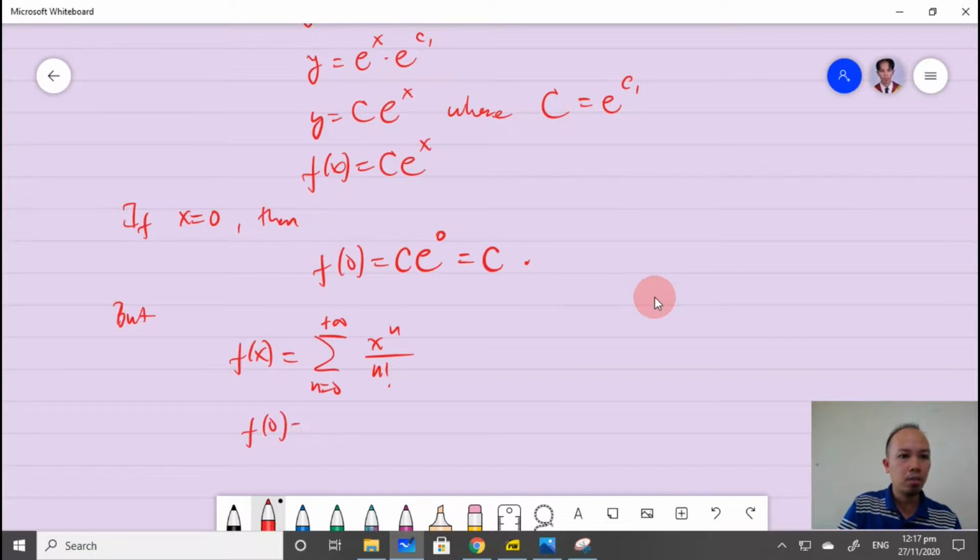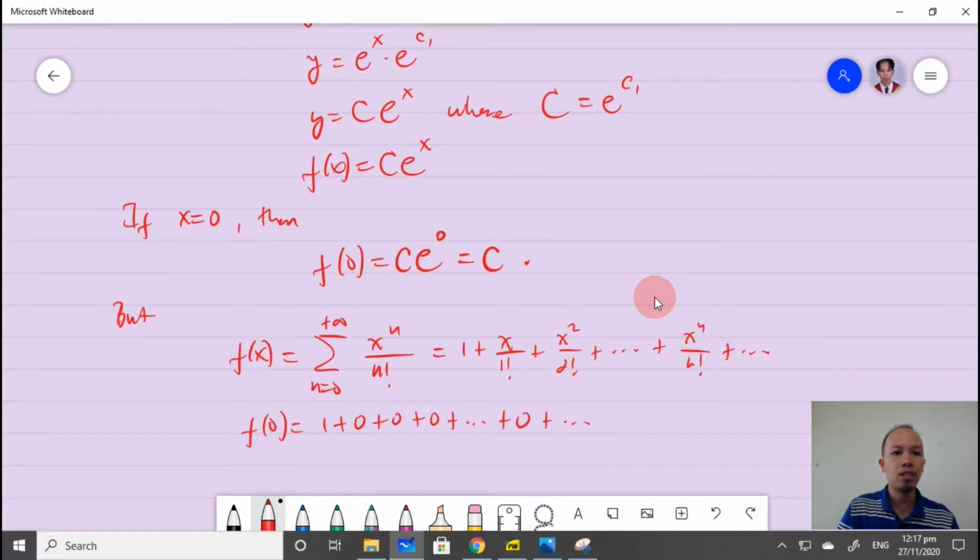If we expand, this is 1 plus x over 1 factorial plus x squared over 2 factorial, and so on and so forth, x to the n over n factorial. So if you substitute 0, this is 1 plus 0 plus 0 plus 0, and so on. Therefore f of 0 is equal to 1.